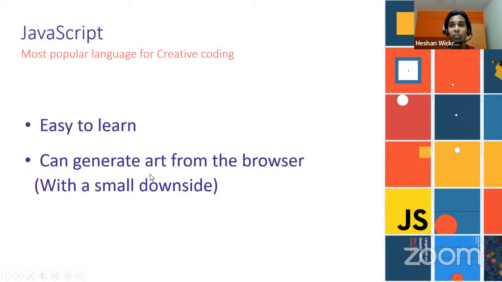And the other major reason is that you can use JavaScript to creative code in the browser. You can integrate it with different web applications and easily code in the browser without setting up massive development environments. So those are the two key reasons for JavaScript being this popular for creative coding.